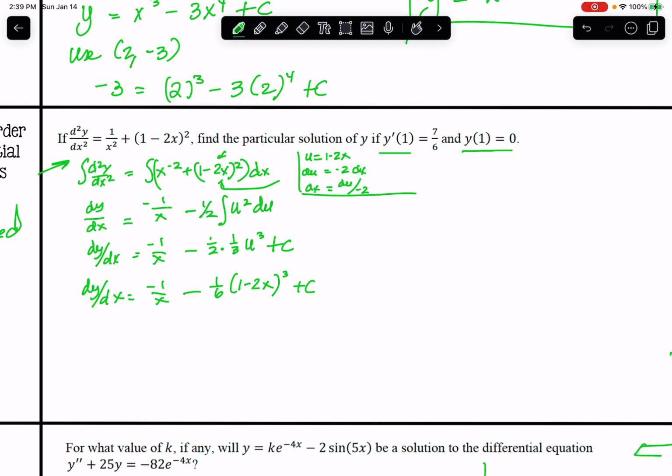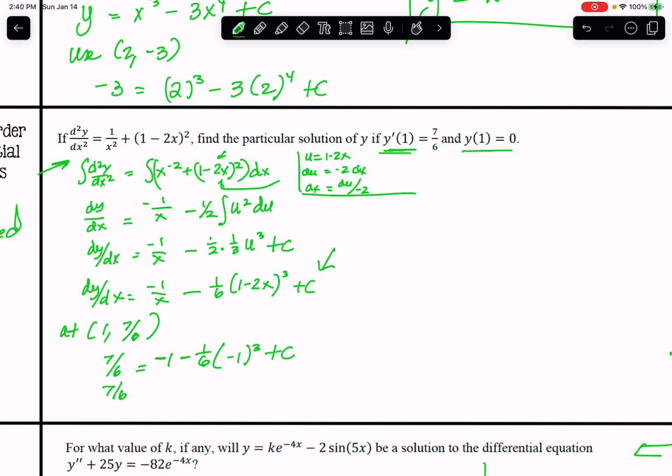So we need to find this c. Here's our y prime point, (1, 7/6), we have 7/6 is equal to negative 1 over 1, so that'd be negative 1 minus 1/6 times (1 minus 2), so that'd be negative 1 cubed plus c.